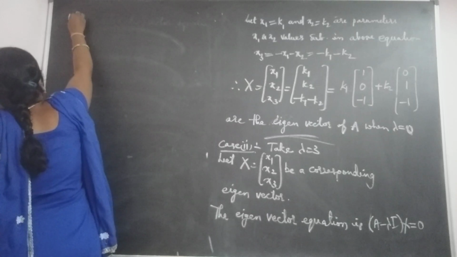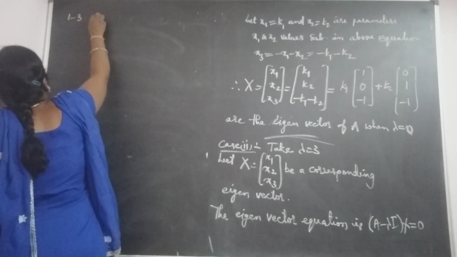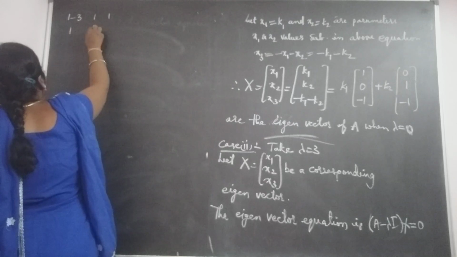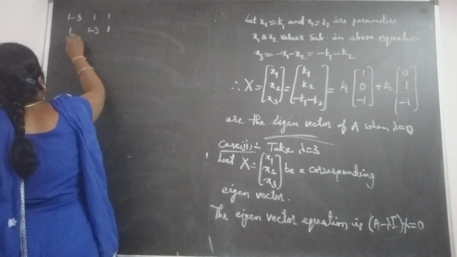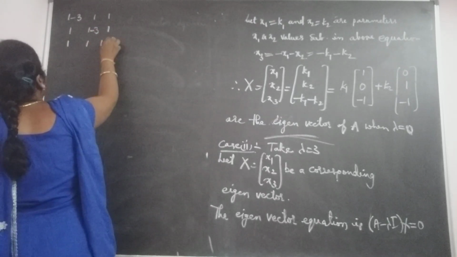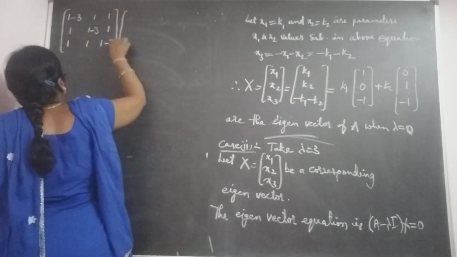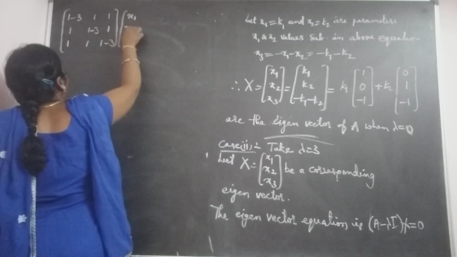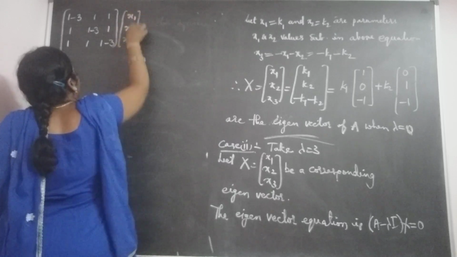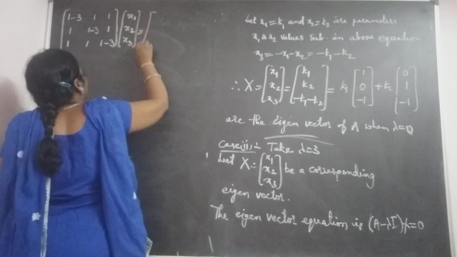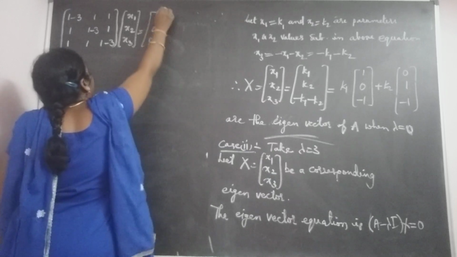Here A minus 3I is [1 minus 3, 1, 1; 1, 1 minus 3, 1; 1, 1, 1 minus 3] into x1, x2, x3 is equal to 0, 0, 0.